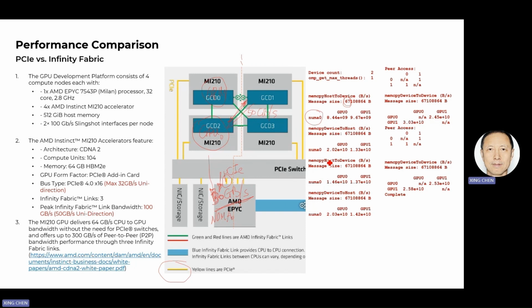In the first column, the left-hand side column, we are going to measure the bandwidth between the CPU and the GPU going through the PCIe link. We are going to have 64 gigabytes of data, which fills the GPU memory. The GPU memory maximum is 64 gigabytes. So you fill all the memory, and then you copy the data from the CPU to the GPU and from the GPU to the CPU. You are going to do it multiple times.